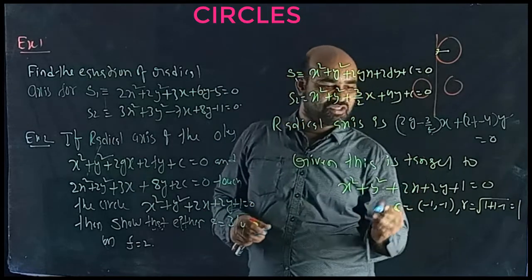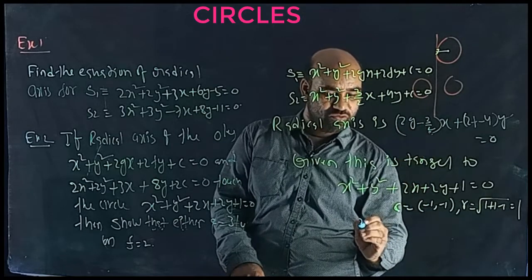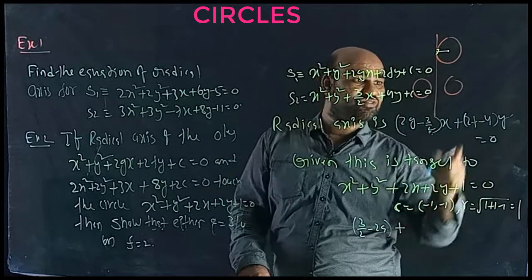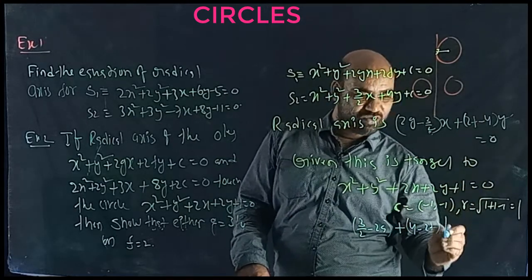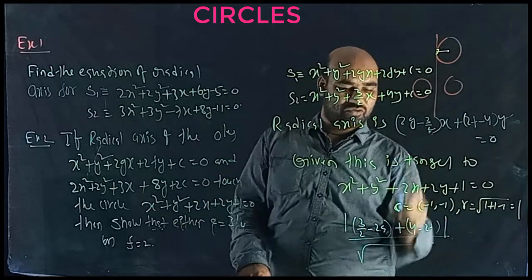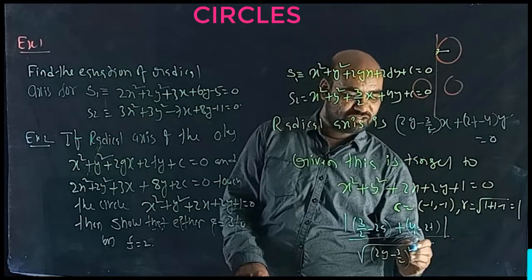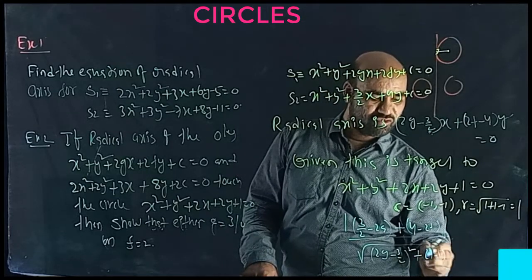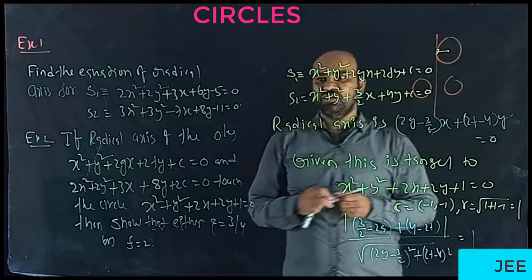So distance directly: mod of minus into this 3 by 2 minus 2g plus minus with this minus 4 minus 2f plus c not there, by root over (2g minus 3 by 2) square plus (2f minus 4) whole square, should be equal to 1. We need to simplify this.